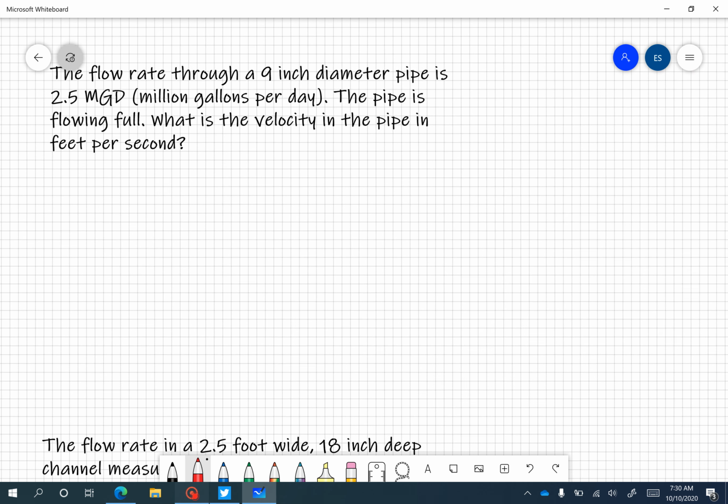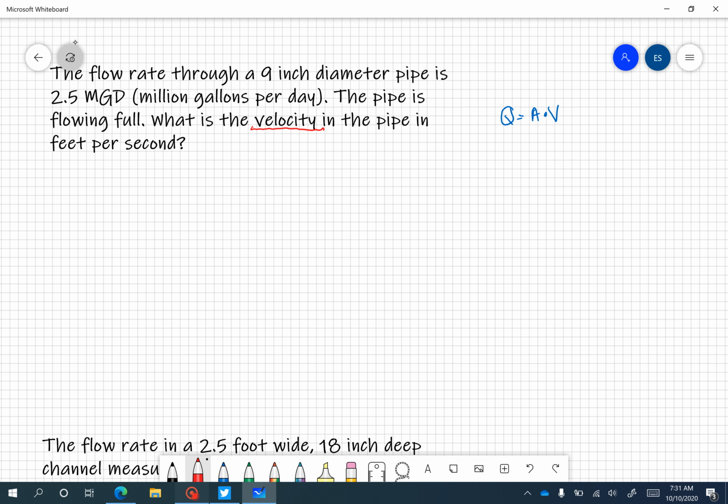Okay, our next problem. Again, our formula, flow rate equals area times velocity. This time they are asking us to calculate the velocity, or V, so we need to rewrite the equation.